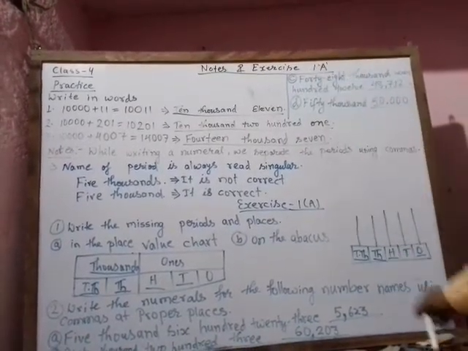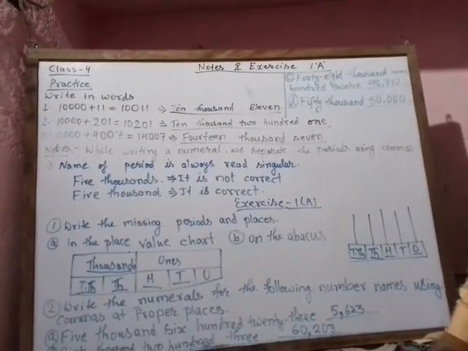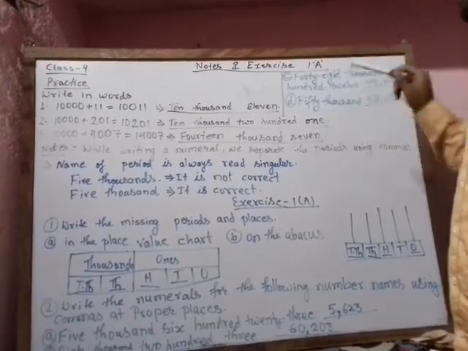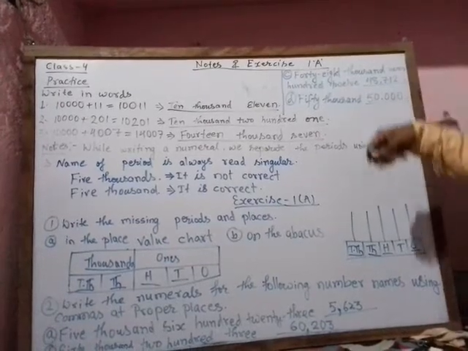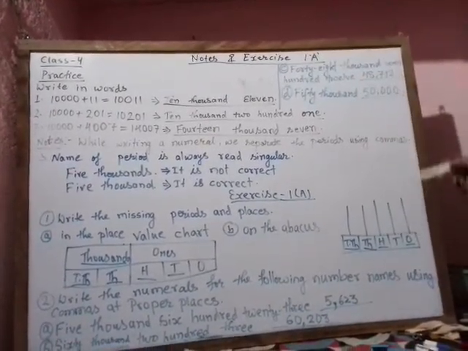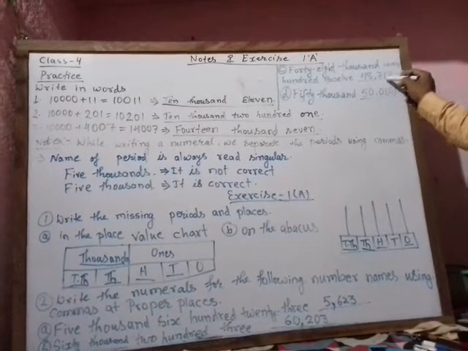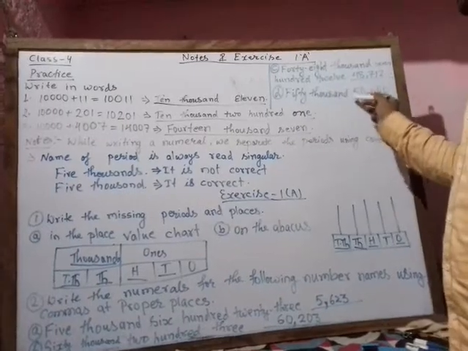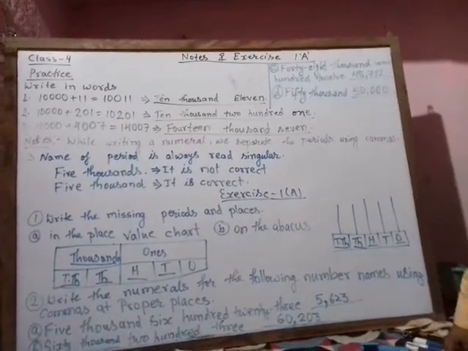U is not there. You have to keep that in your brain. So 48,712. Again in the same way I have written it by putting the dots, and after ones there is a comma. 48,712. I hope you all are understanding. In 50,000 also we have written in the same way, and after ones we have kept a comma.